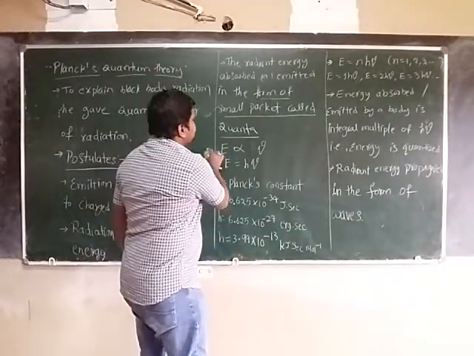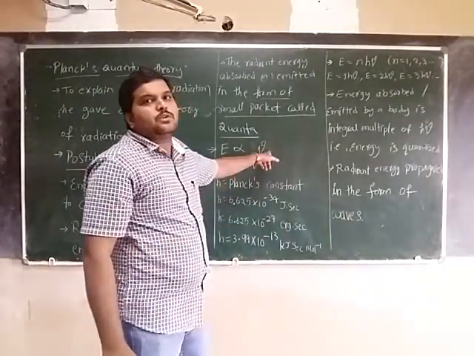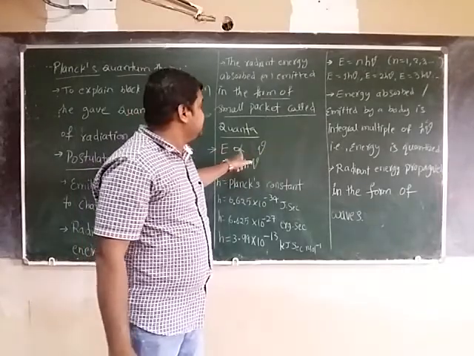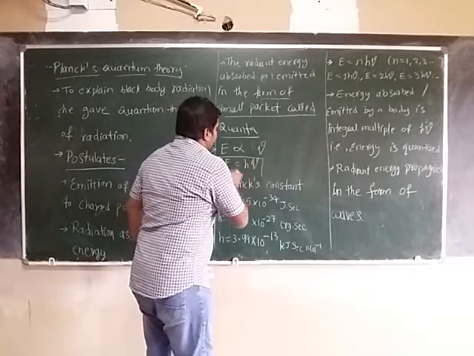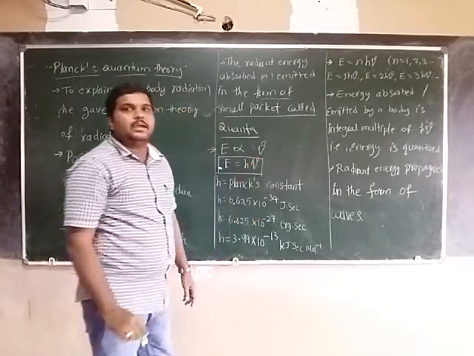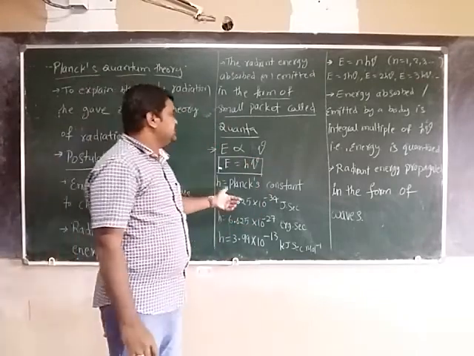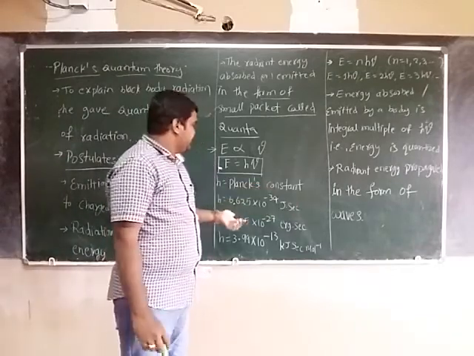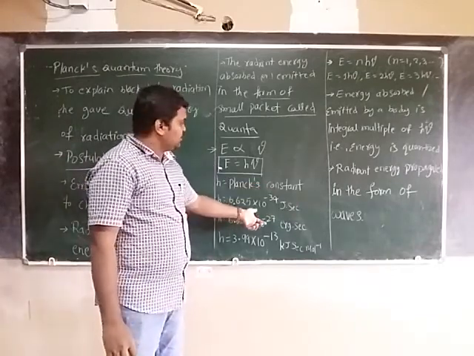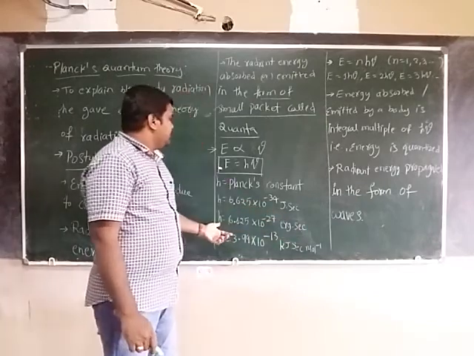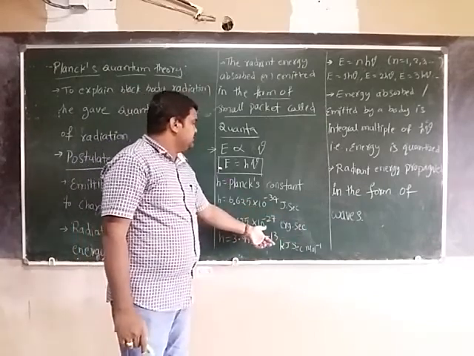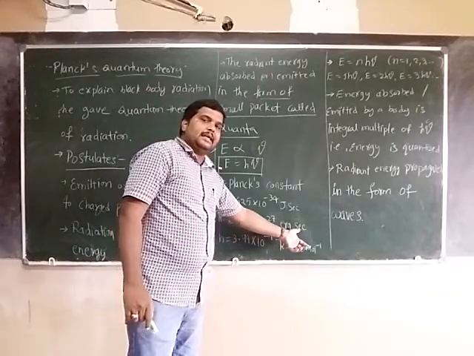So energy is directly proportional to the frequency, that is, E is equal to h nu. Here h is Planck's constant. The value of h is 6.625 into 10 to the power of minus 34 joule second, or 6.625 into 10 to the power of minus 27 erg second.